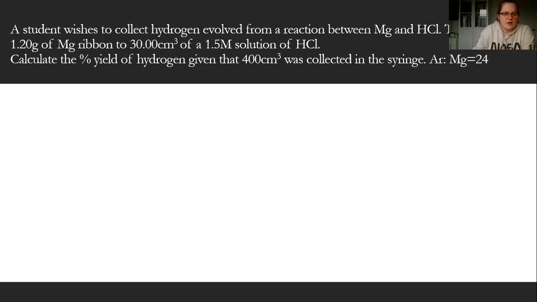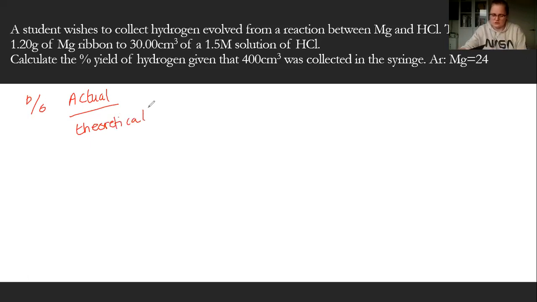Percentage yield is calculated like this: we have our actual yield, divided by our theoretical yield, times by 100.